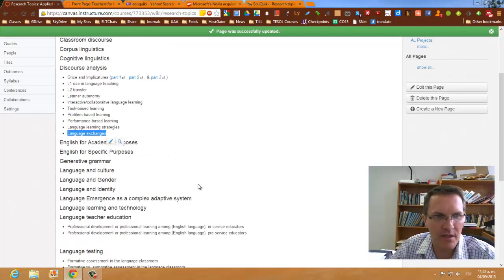When you think about language exchanges, one example would be some experiences that we've had here at the university where whole groups are gathered into a computer lab, and then they have an exchange.